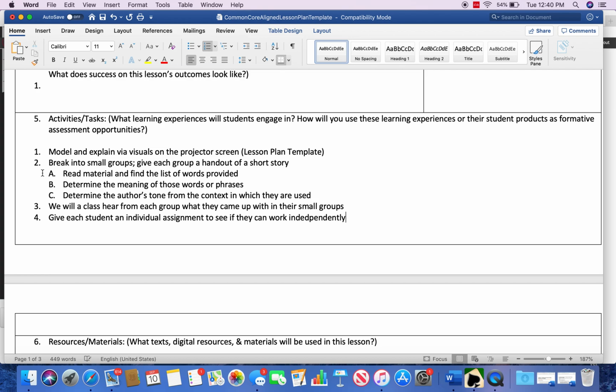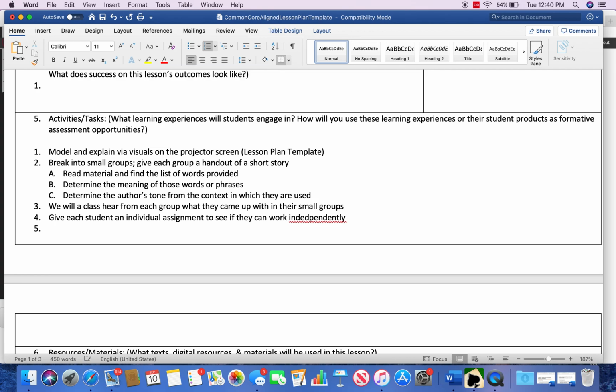And here, again, I would go under this and say A, and give them the specific steps for their individual assignment to make sure that they can work independently. That means they can do this assignment by themselves with very little or no help from you as the teacher.